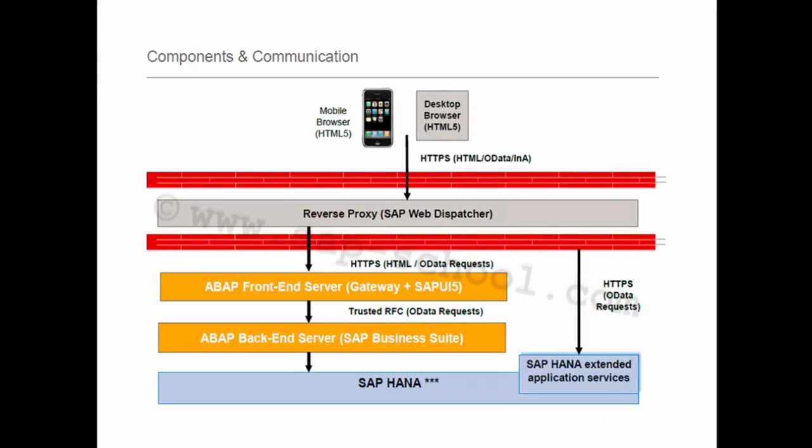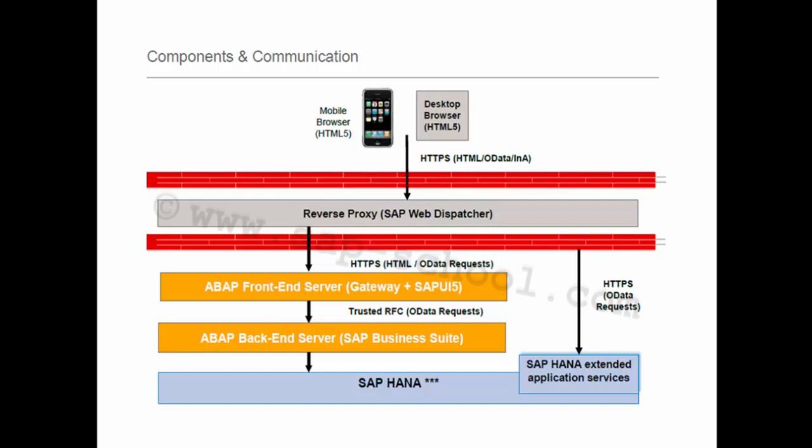So this slide is basically to tell about the communication, like how the communication is happening between all these different components. So in order to transfer application data and security credentials within the SAP Fiori system landscape, the communication must be established between the various servers using different communication channels and protocols.